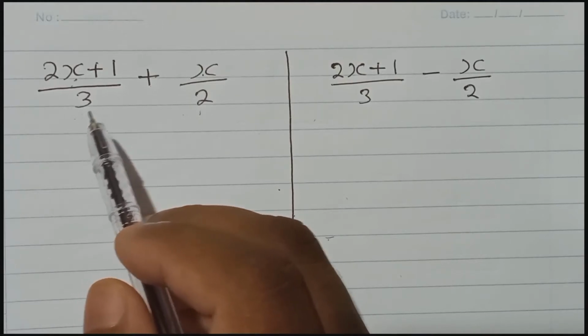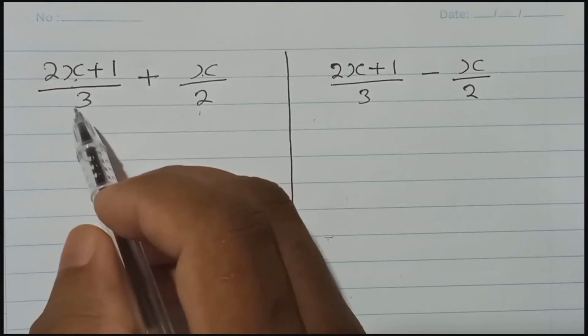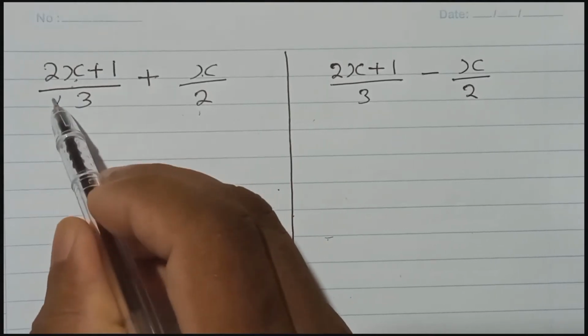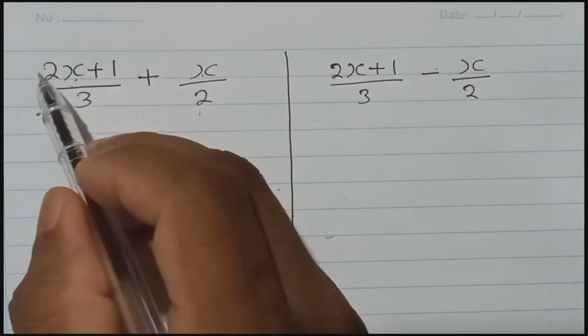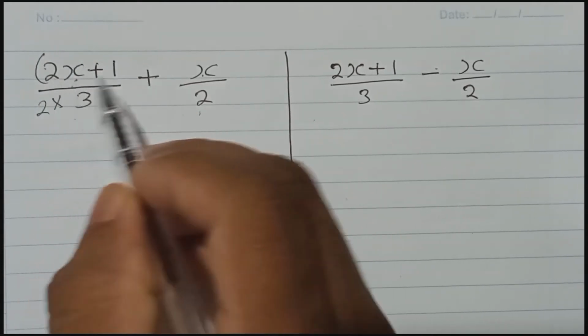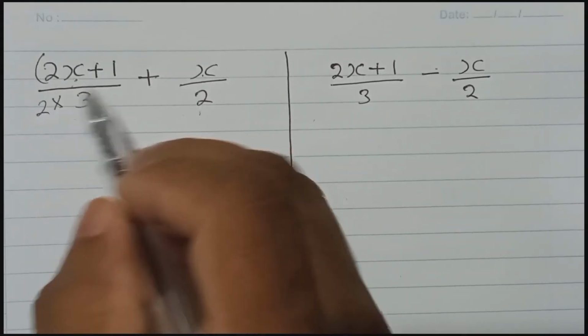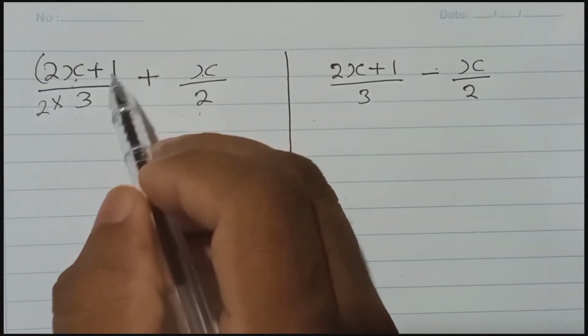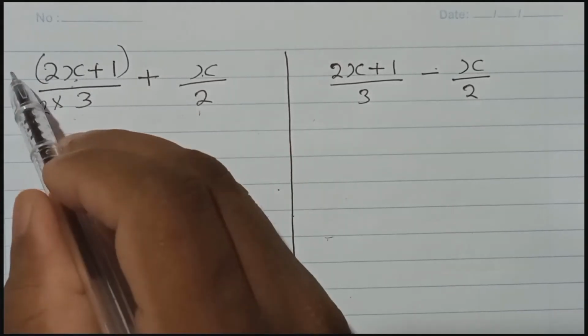Here, the denominator is 3, but you can make 6 here. How? This one multiplied by 2, then the numerator also you need to multiply by 2, right? So here we have two things to multiply in the numerator, not only 2x. Numerator means completely this thing, this 2x plus 1. All of this you need to multiply by 2.